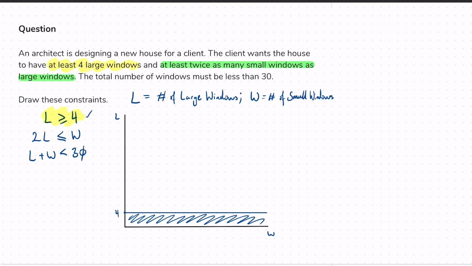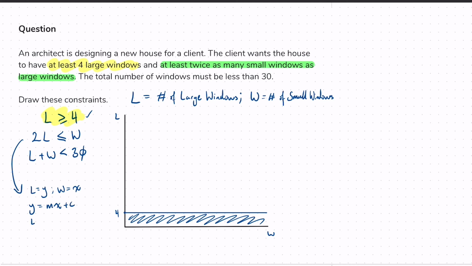The next one, 2L is less than or equal to W. And the way to graph this is to think about it in terms of y equals mx plus c. So if L is equal to y and W is equal to x, we don't have to do this, but it just makes the y equals mx plus c thing easier.